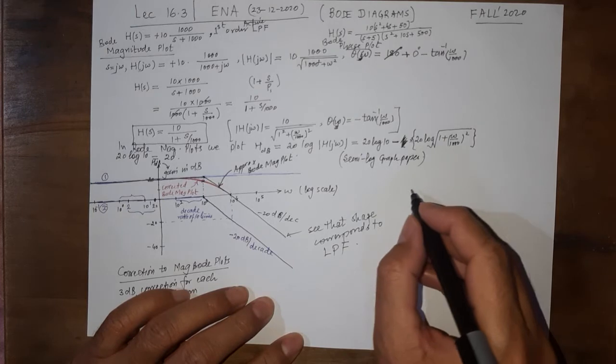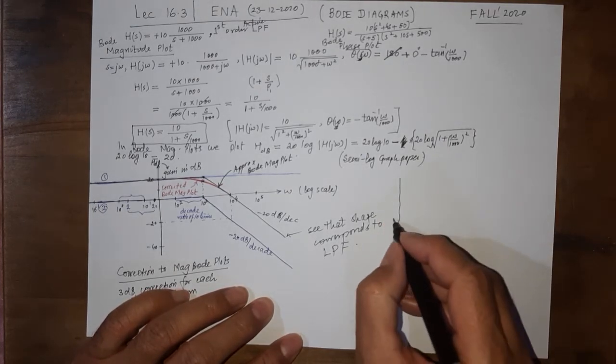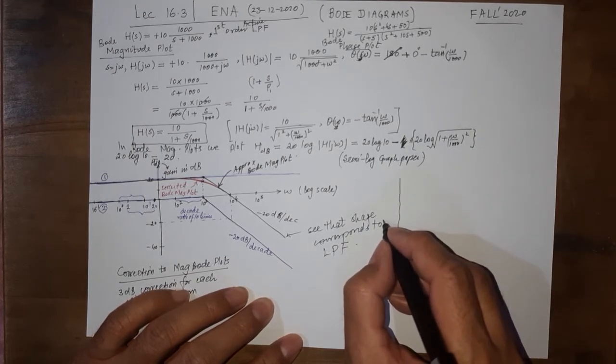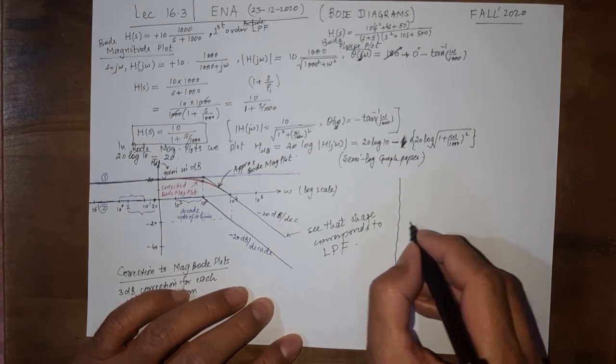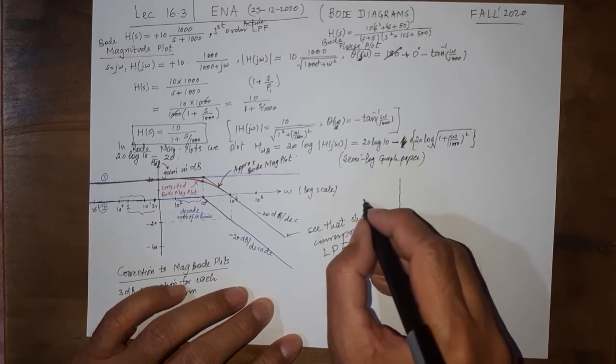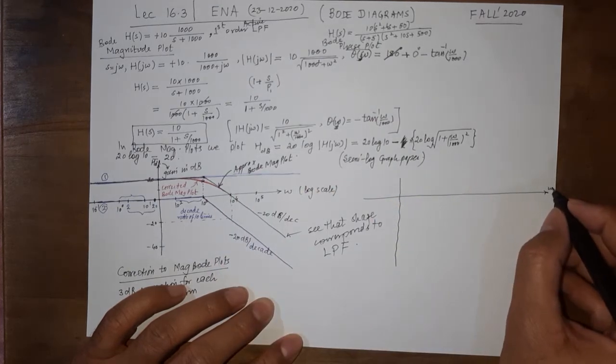Let me try to draw the phase plot here. The phase plot is quite simpler. This should be a straight line, but please treat it as a straight line. So let me try to take a similar axis as I have taken here. So this is omega.